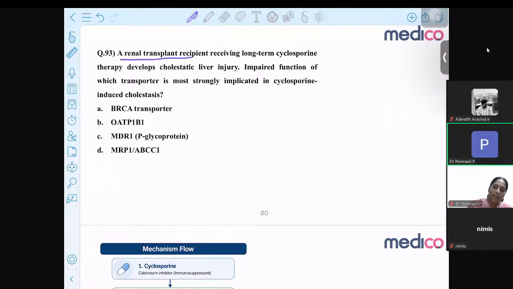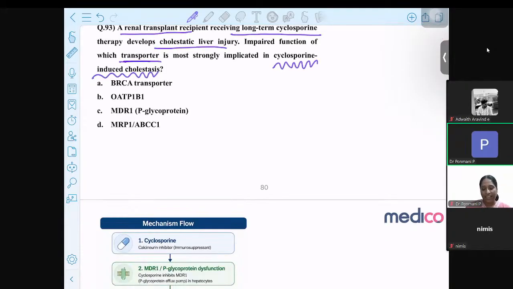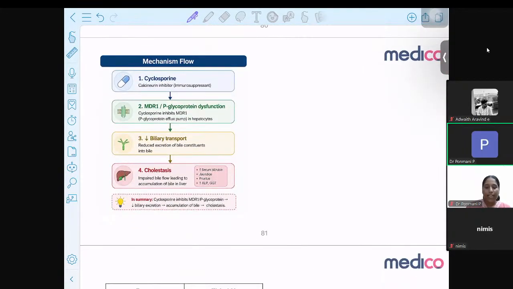A renal transplant patient is receiving long-term cyclosporin and he develops cholestatic liver injury. Impairment of which transporter is responsible for this cyclosporin-induced cholestasis? This is a very direct question. Cyclosporin is an immunosuppressant. It acts as a calcineurin inhibitor. What does cyclosporin do? It causes dysfunction of MDR1, multidrug resistance 1, that is, P-glycoprotein.